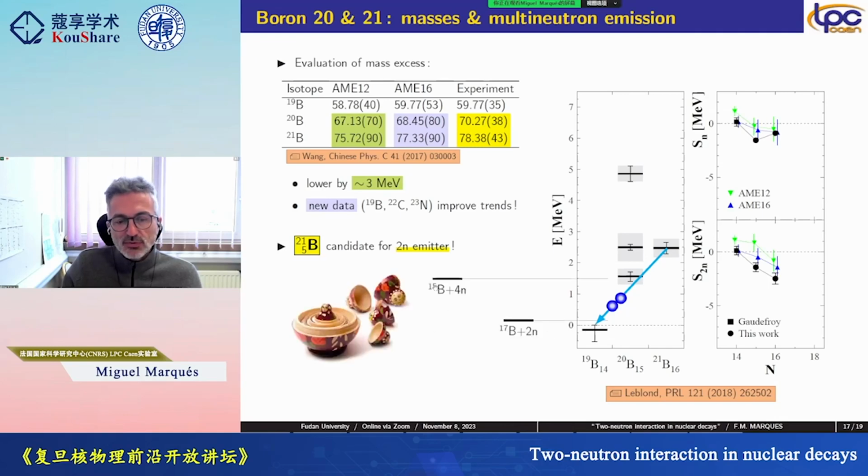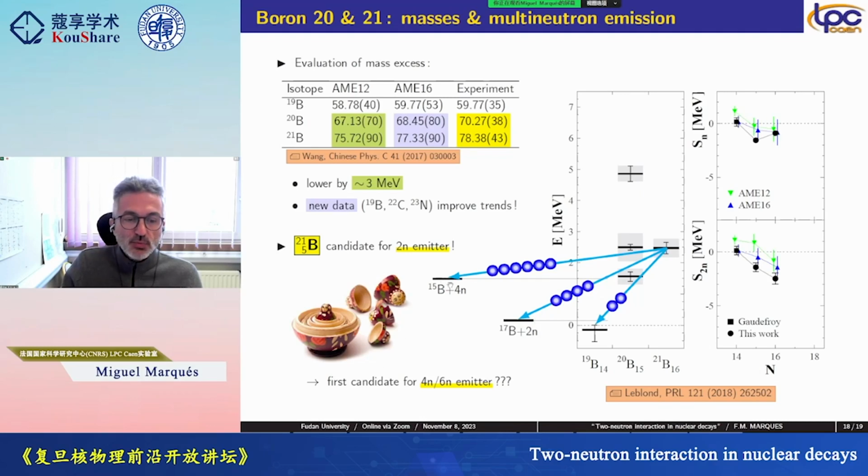So if you have a look at the thresholds, the boron-17 threshold is here. The boron-15, because boron-17 is also weakly bound, boron-15 is here. So this state could decay also by the emission of 4 neutrons to boron-17, or by the emission of 6 neutrons to boron-15. So it could be the first candidate for 2, 4, and 6 neutron emission.